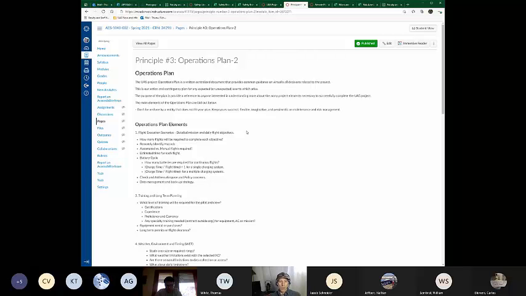So while we spend 18 months on a UAS project, we might only spend 3, 4, or 5 days flying the operations, all right? So the operations plan really talks about that brief period of time where we're actually conducting the flights.